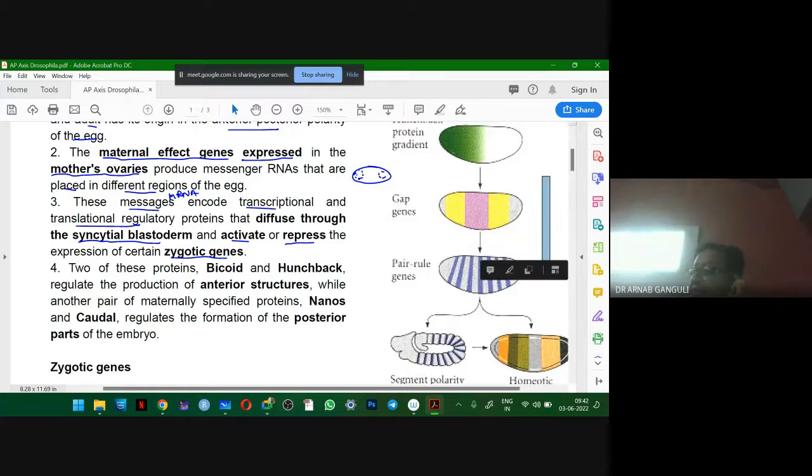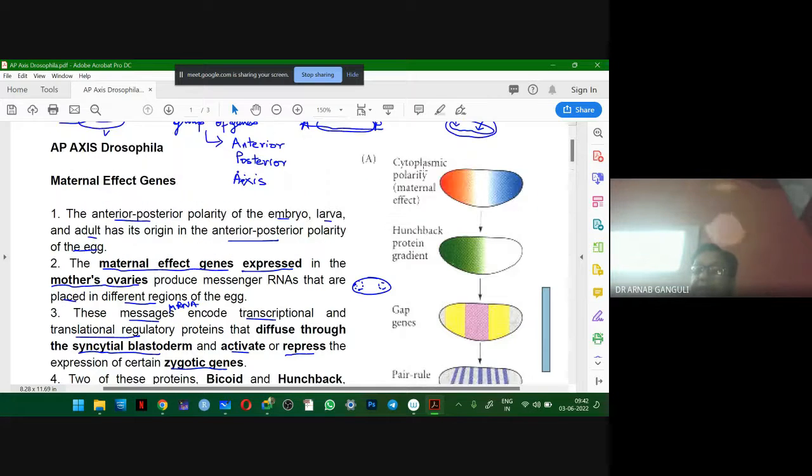If you look at the picture over here, cytoplasmic polarity, this will be the red, maybe the anterior, and this is the posterior. So this is by effect of these maternal effect genes. Where they go inside the egg, that side will become either anterior or posterior depending upon which product it is.